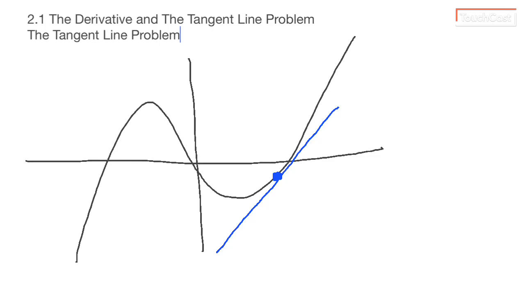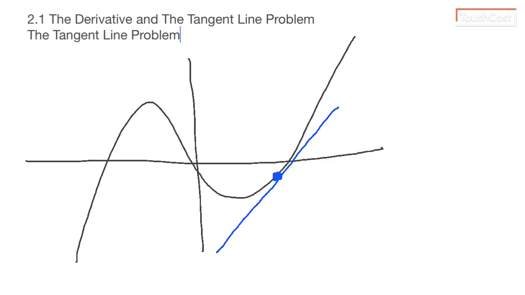Think of the real-world application of this as a roller coaster. The cars are moving along the track, and if our slope is off just a little bit, that car could fly off of the track.